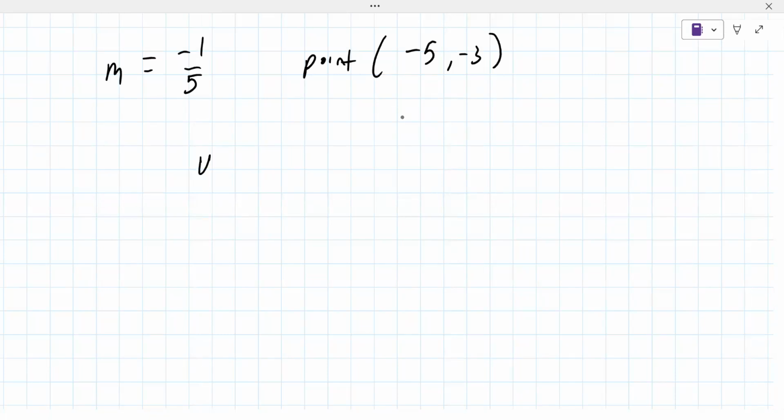y plus 3 equals -1/5 (x plus 5). Okay, now go ahead and try simplifying this, please, putting it into slope intercept form.